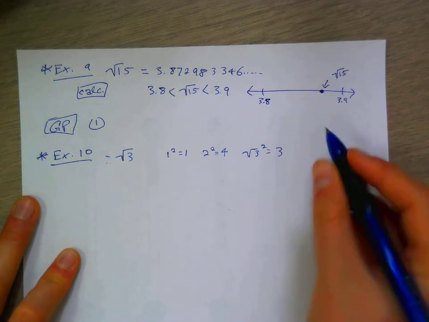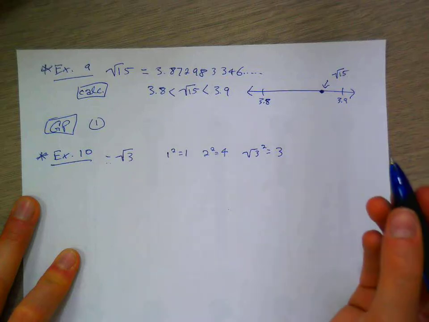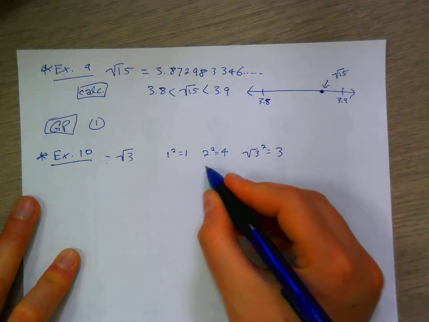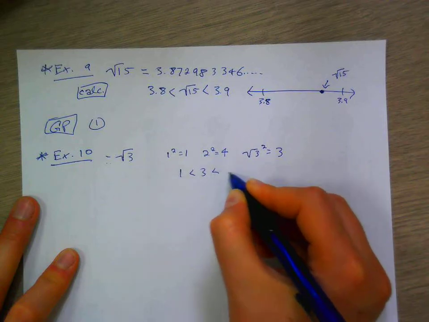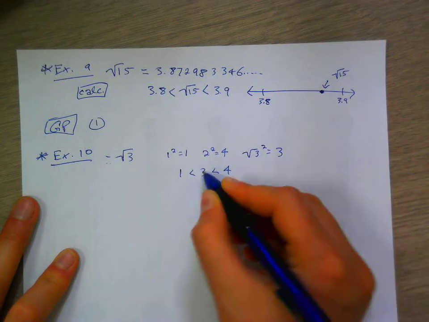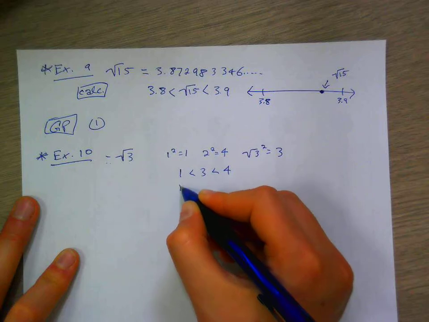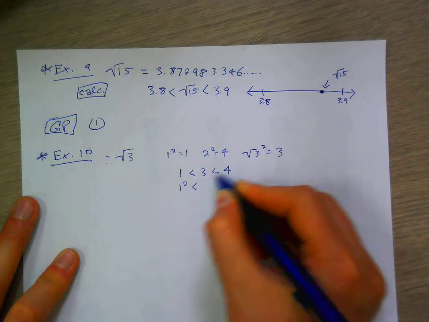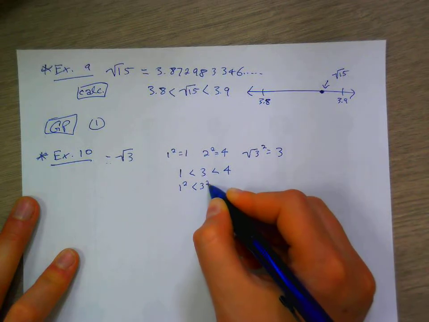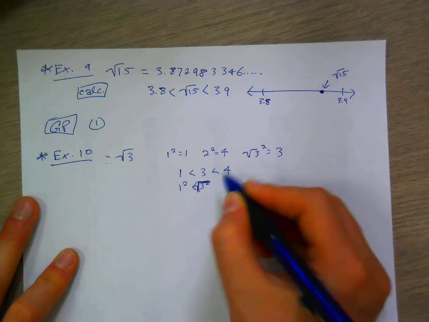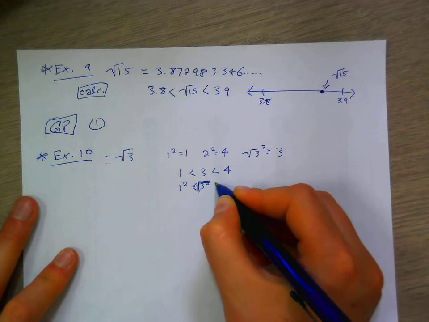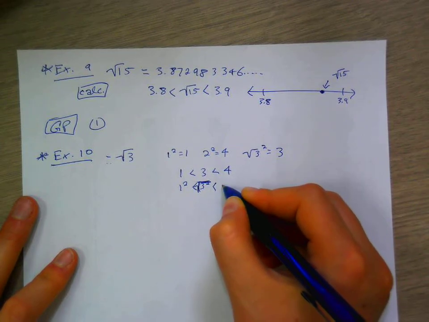3 goes in between 1 and 4, so we could also say, since 1 is less than 3 is less than 4, put it in the same order, 1 is less than the square root of 3, sorry, is less than 2.